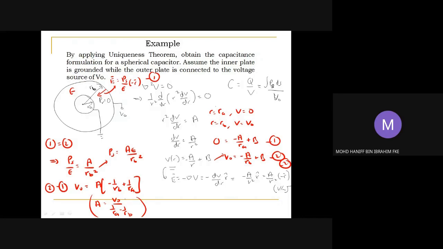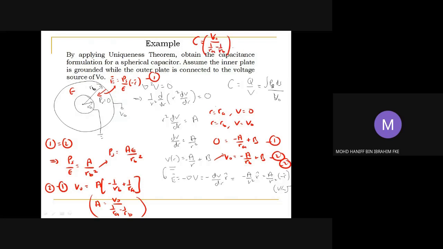So what you have to do now is substitute A in this equation of rho s. By using this equation, we have rho s, which is V naught divided by 1 over RA minus 1 over RB. That is your rho s.